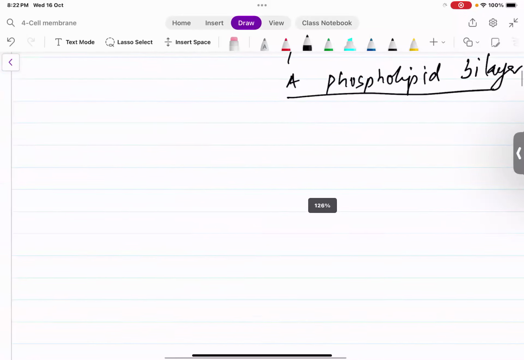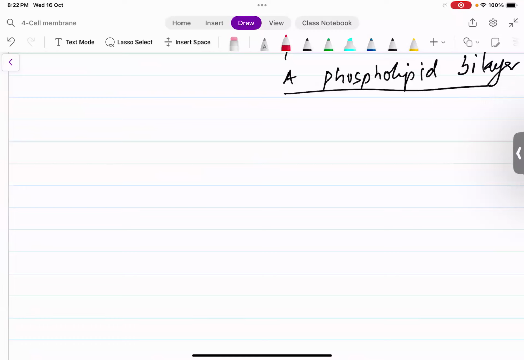Then let's see the fluid mosaic model. There have been many different models proposed to describe the structure of a cell membrane, but this fluid mosaic model is most accepted these days.